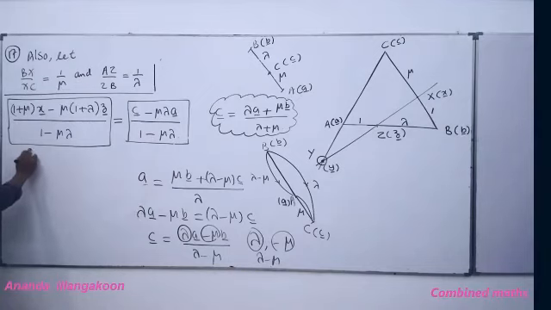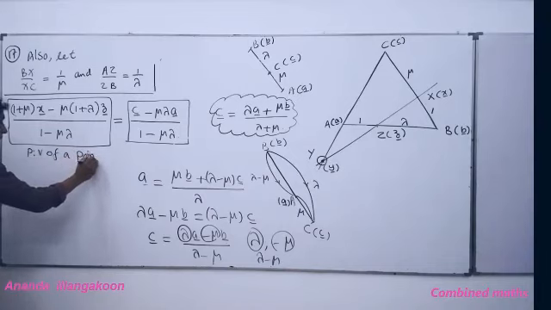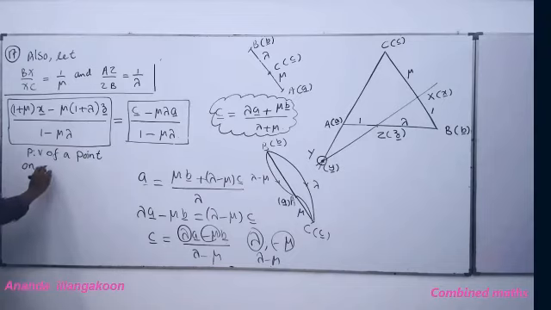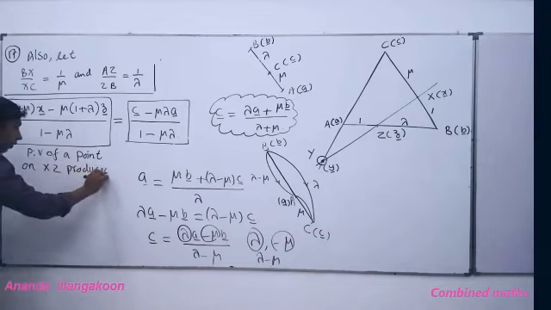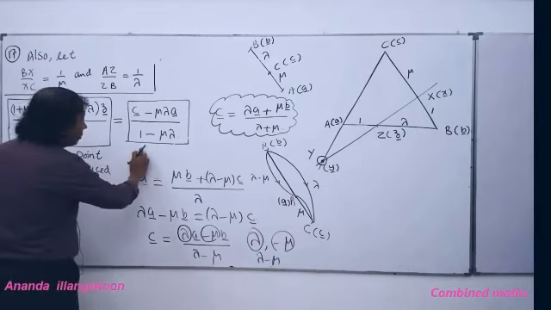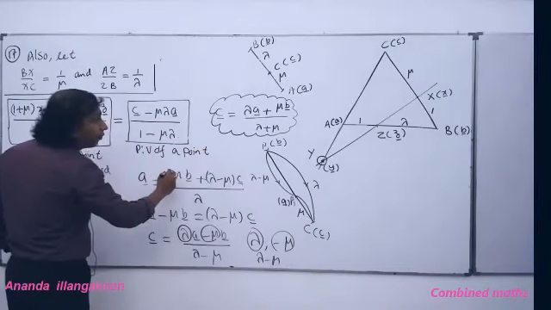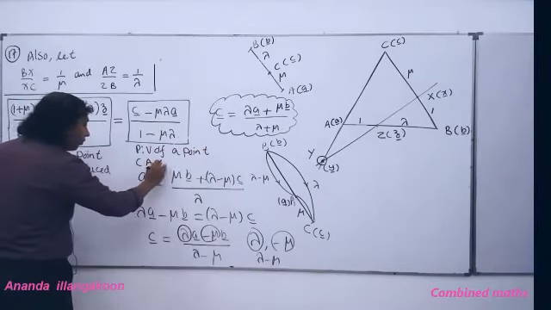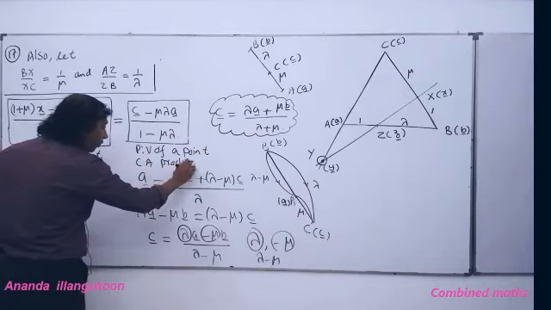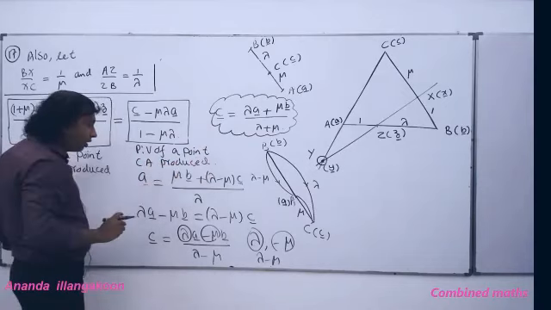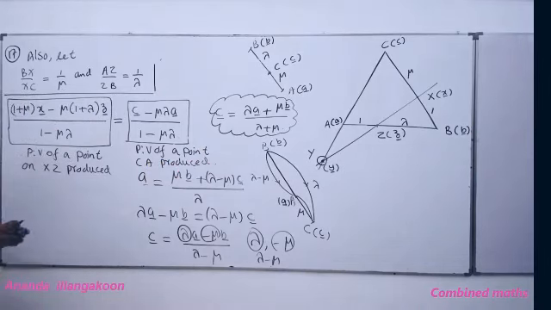This one I can write: position vector of a point on XZ produced. What is this? Position vector of a point on CA produced. CA produced, right? Yeah.